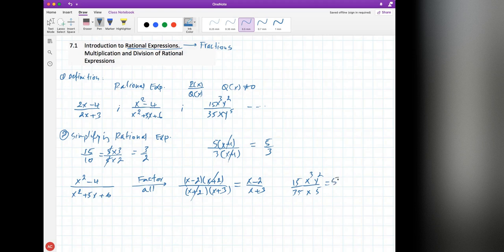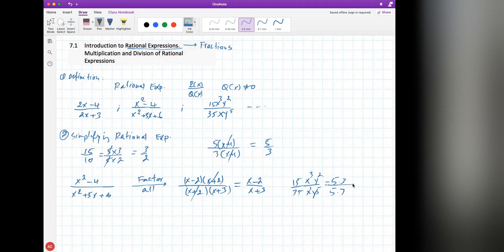So we have 3 and 5 there, and there's a y there, so it's 5x y to the power 2. That's right. So we reduce this by 5, and we have x to the 3 over x to the 1.